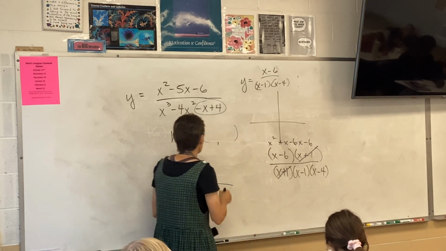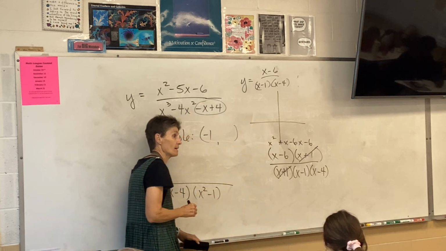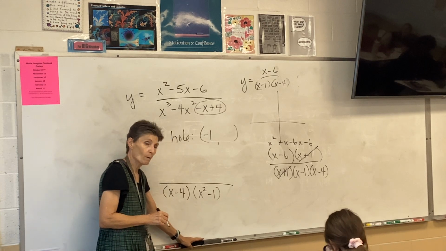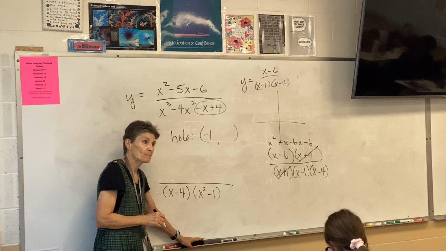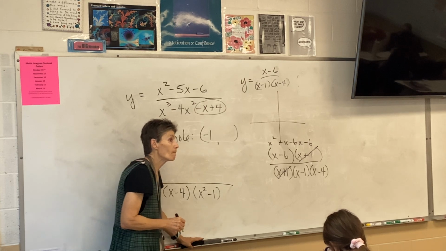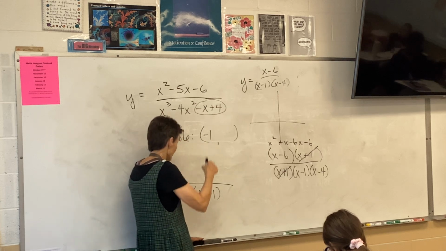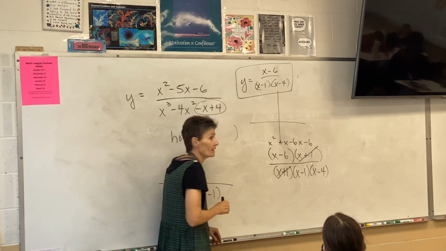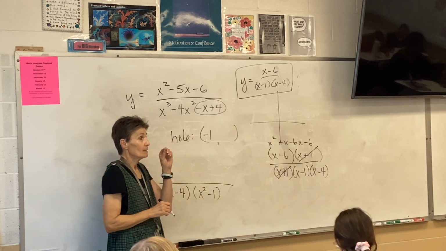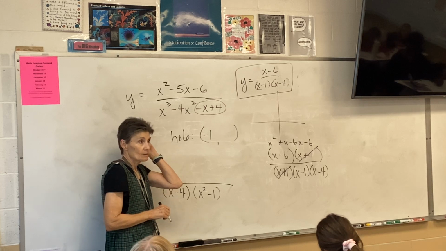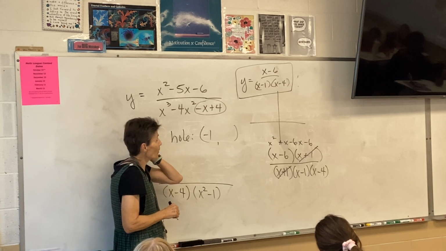So that's going to be negative 1 for x. How do I find the y? Okay. Plug it in for x. You plug it in right here. If you try to plug it in the original, it won't work. So you need to plug it in the reduced problem right here.